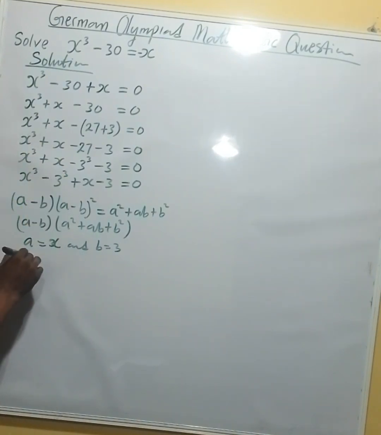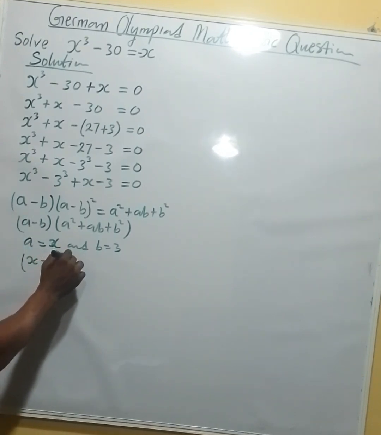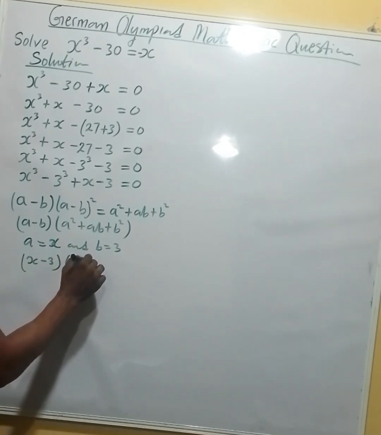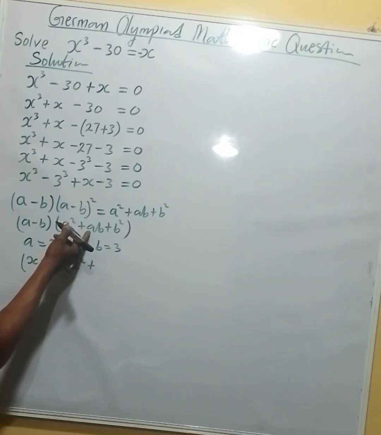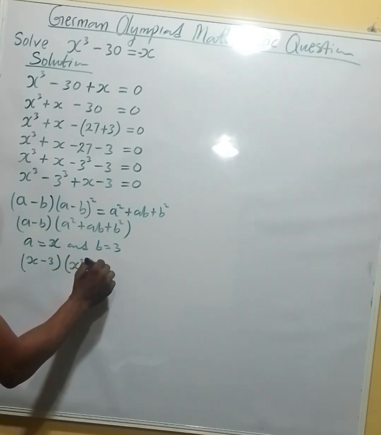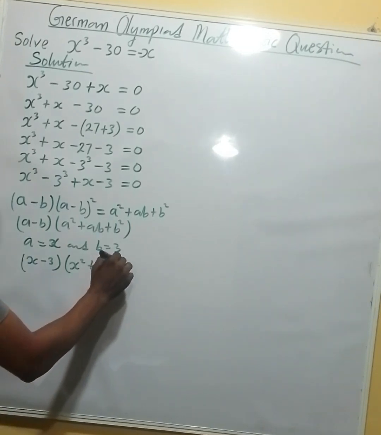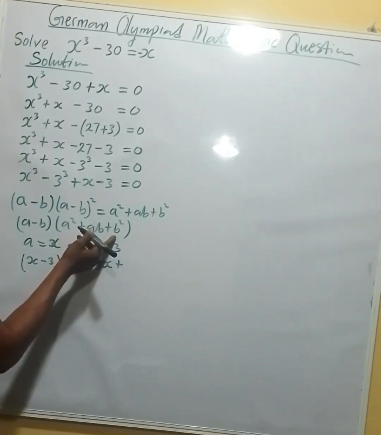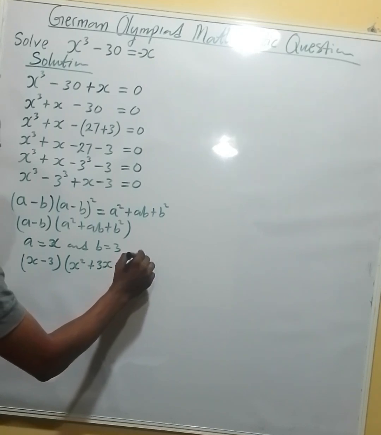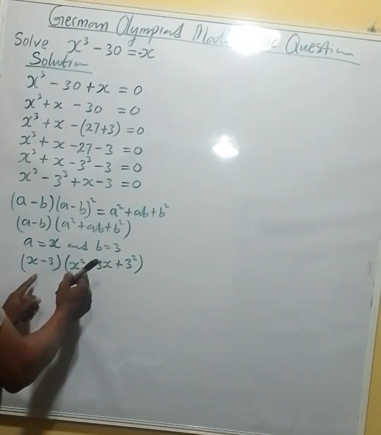It will give us x minus 3 into bracket x squared plus our a, which is x, times b, which is 3, so 3x, plus our b squared, that is 3 squared. Are we together? So now that's the cube.